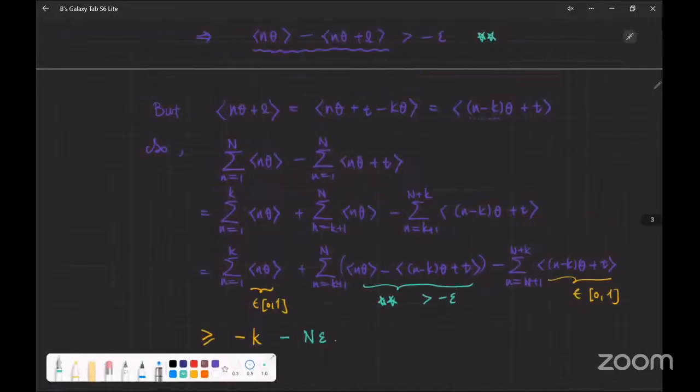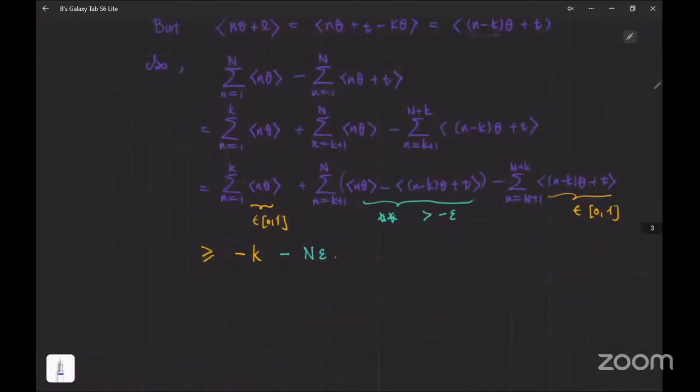Now we are in business because therefore, by taking the average, this theta plus t is bigger than or equal to minus k over big N minus epsilon.